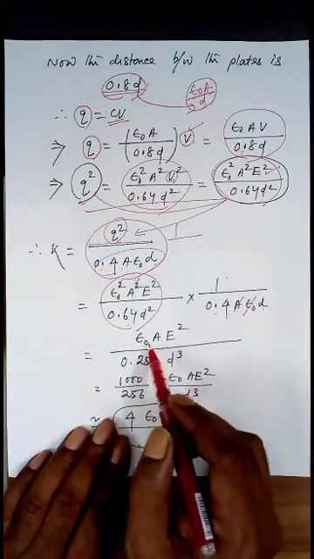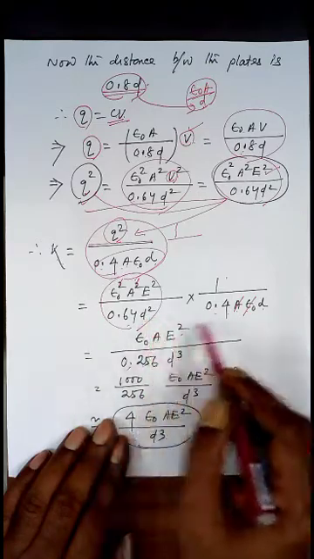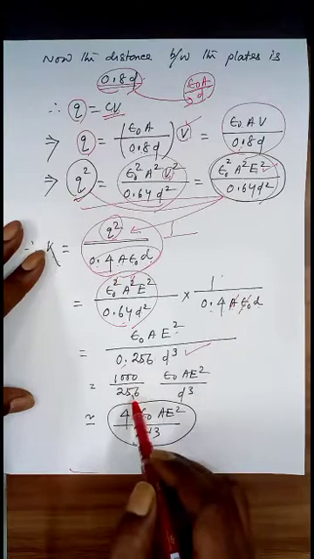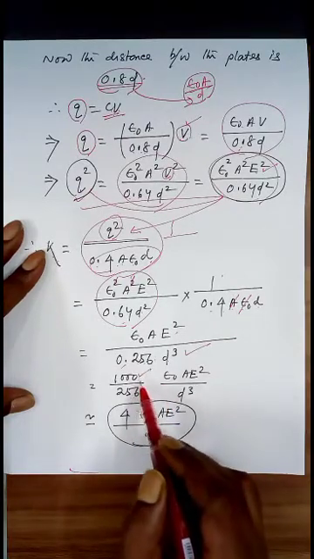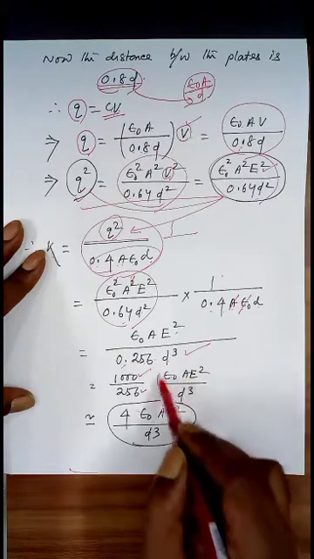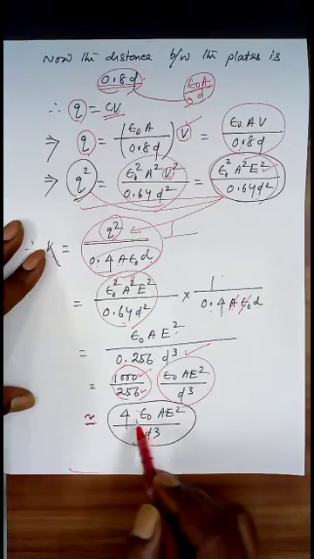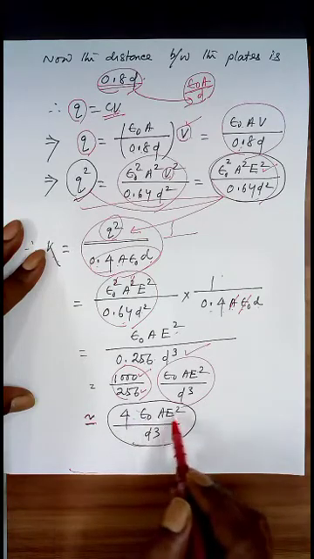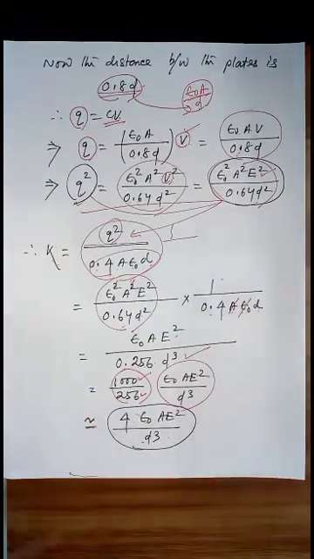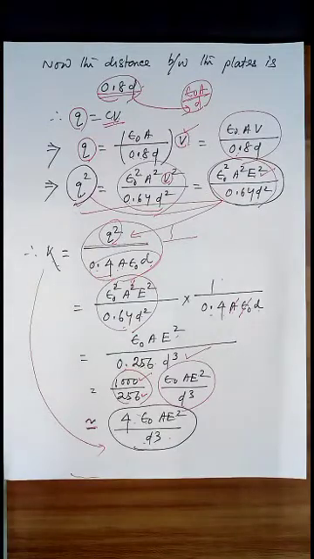So in the numerator I am left with epsilon naught A E squared over 0.256 d squared into d, which is d cubed. This is nothing but 256 over 1000, so 1000 divided by 256 comes to the numerator: epsilon naught A E squared by d cubed. This is nearly 4. So 4 epsilon naught A E squared by d cubed, because the question asks to find the approximate value of k.